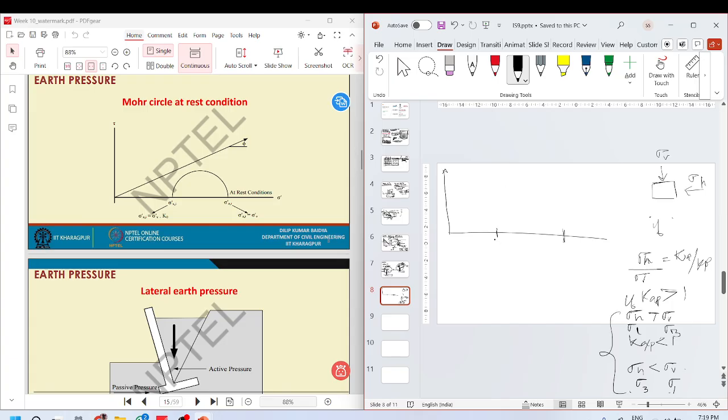So this is always sigma 1, sigma 3, with sigma v for K greater than 1, and sigma h for K less than 1.